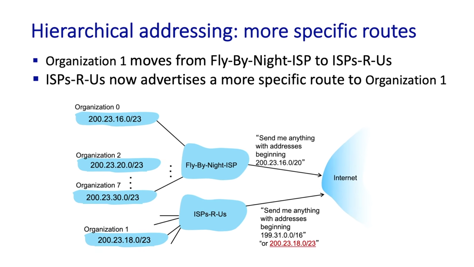Remember when we were studying forwarding tables, when we were looking at what's inside a router? When looking up a 32-bit IP address, the matching forwarding table entry is that with the longest prefix match. That's precisely why packets with addresses in organization 1's address range will be forwarded to ISPs are us, which has advertised the longer prefix.